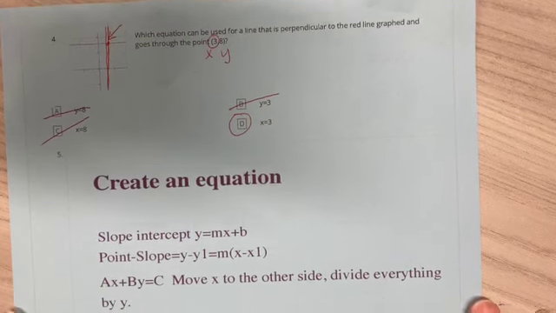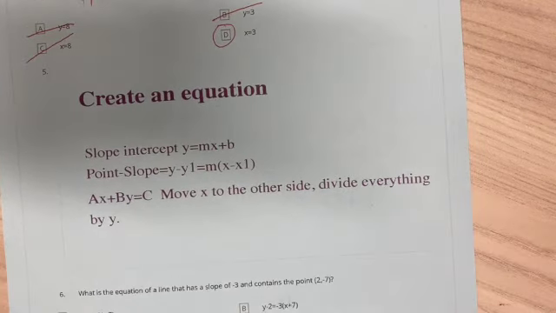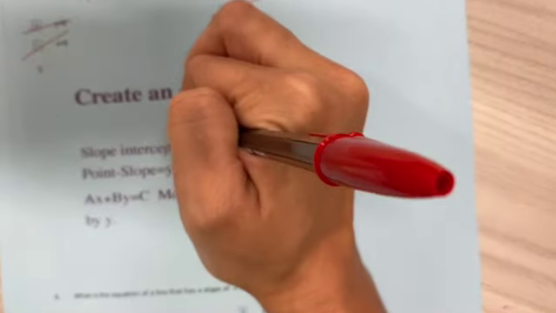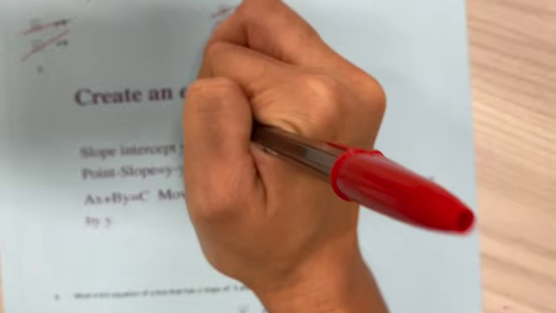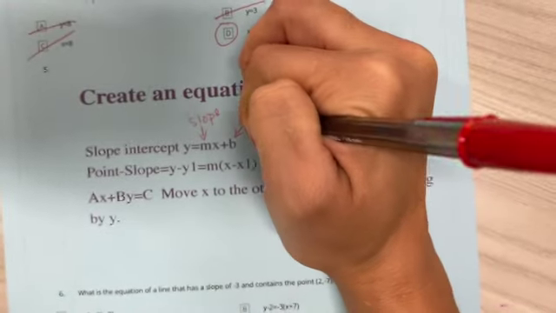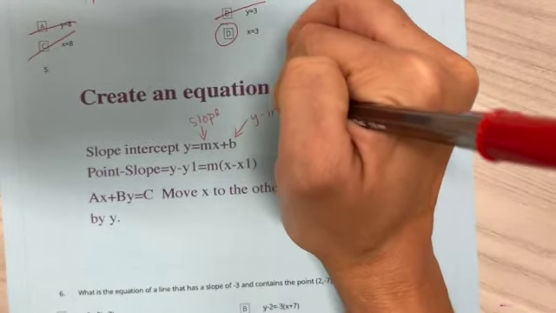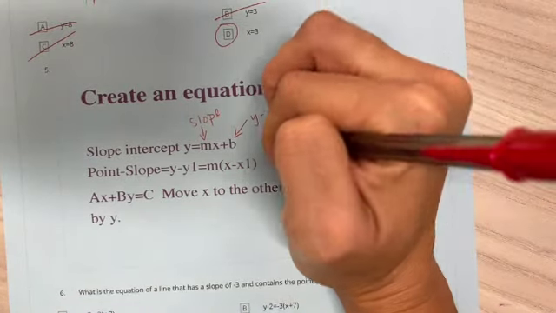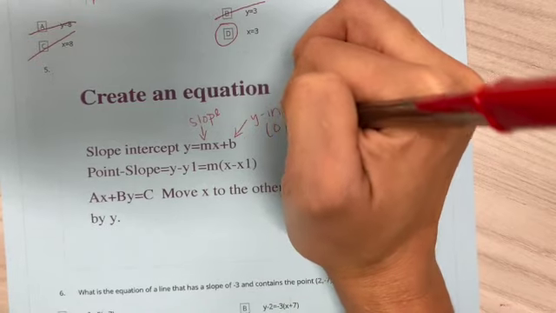Okay, next section, we are going to create an equation. Remember, slope-intercept form is y equals mx plus b, where m is our slope, b is our y-intercept, which is going to be 0 and a number.